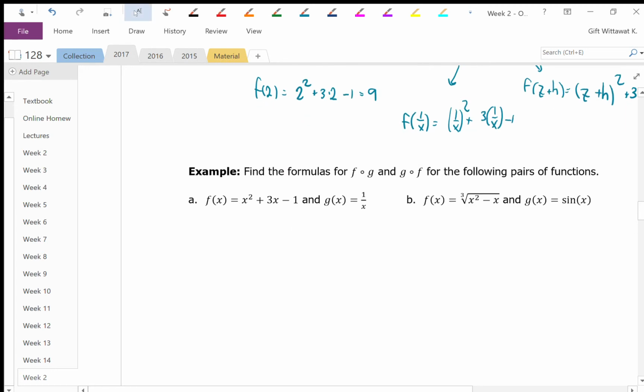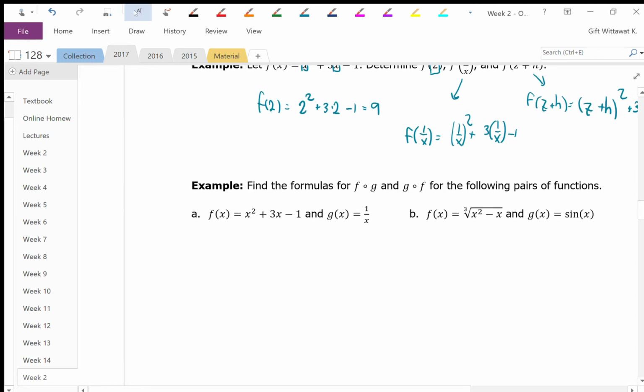My f of x is x squared plus 3x minus 1, and my g of x is 1 over x. So my f circle g is just going to be f of g of x. My g of x is 1 over x, so that's going to be f of 1 over x.